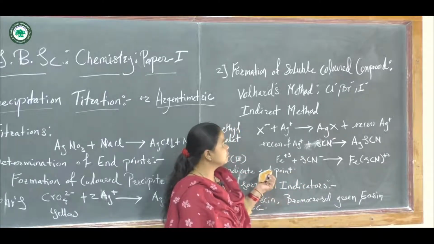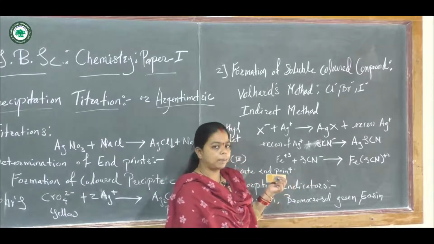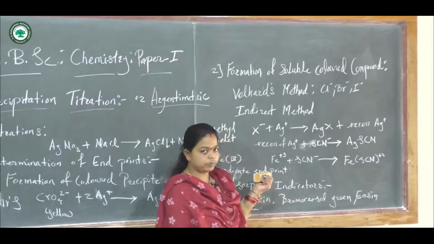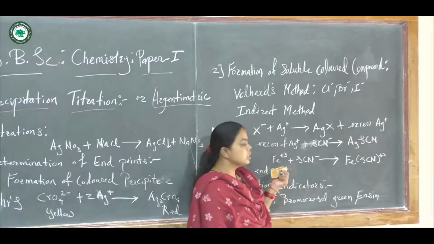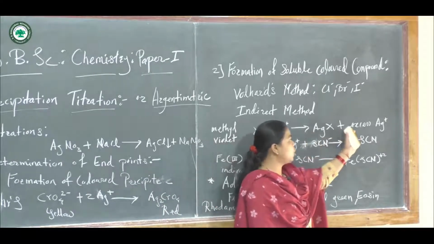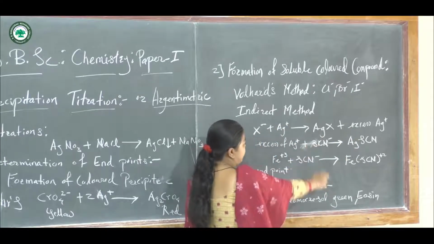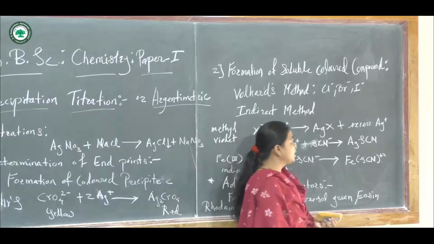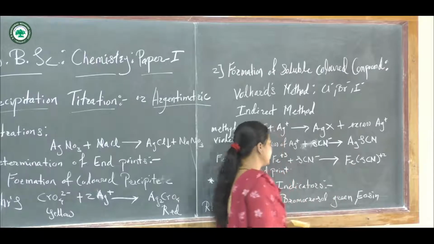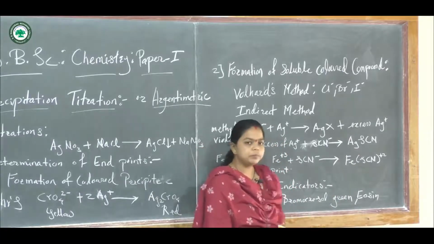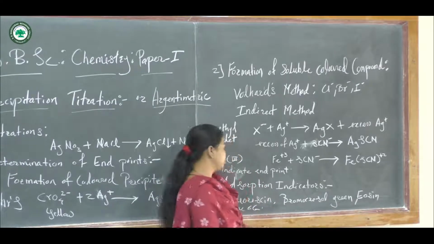Precipitate we are getting, but further we get a soluble colored solution at the end point. So why are we getting the colored solution? In this case, the excess Ag plus ion reacts with the thiocyanate molecules and we get the silver thiocyanate compound. The end point in this case is detected by iron(III), ferric ammonium sulfate.